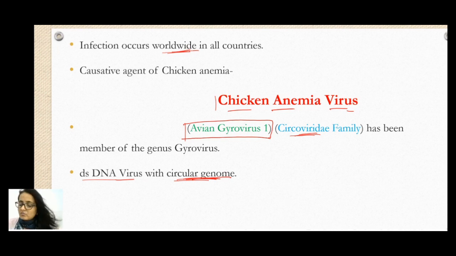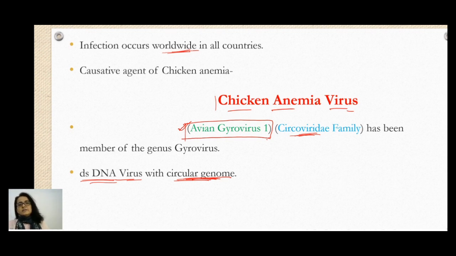Infection occurs worldwide in birds, especially chickens, and the causative agent is avian gyrovirus 1, a member of the Circoviridae family.